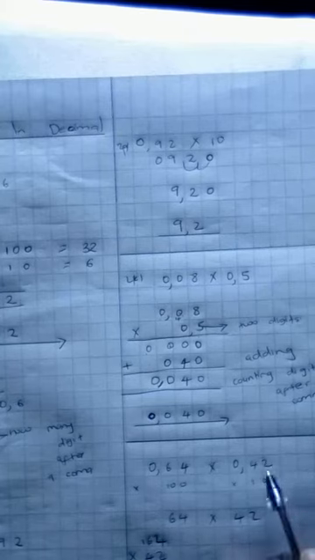To get our final answer, we have to count how many digits after the comma, then we place our comma. So we have 1, 2, 3, 4 digits after the comma. So our comma is here, right?